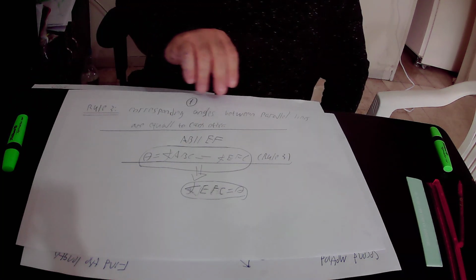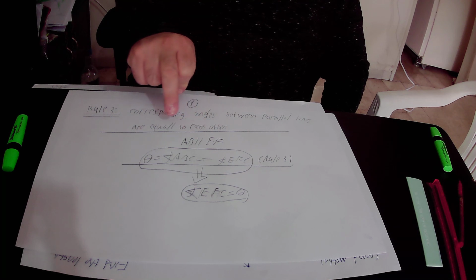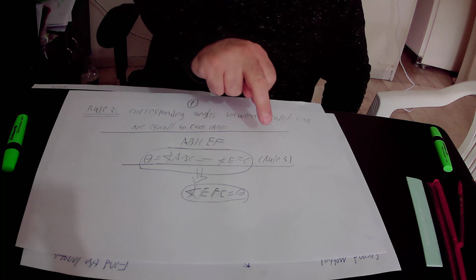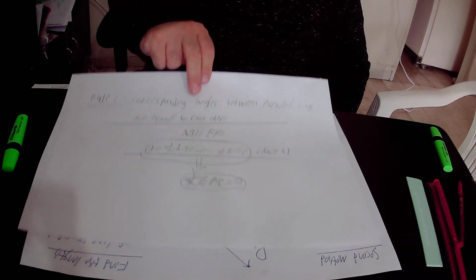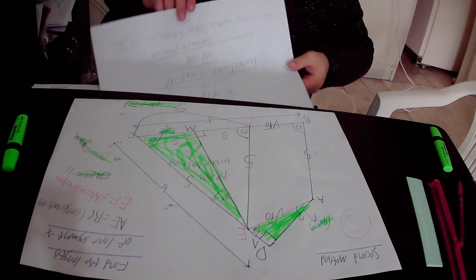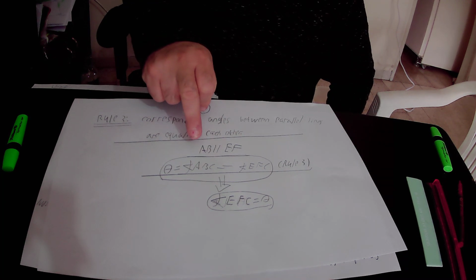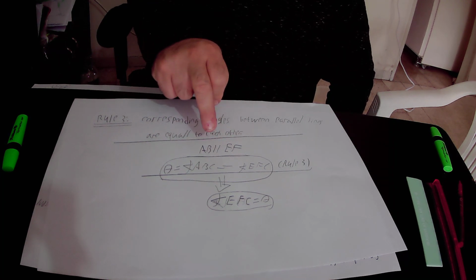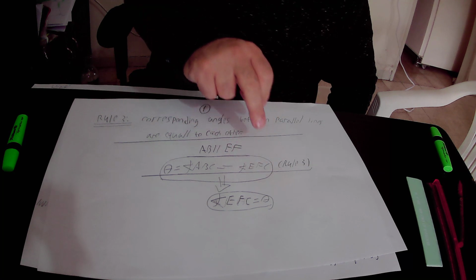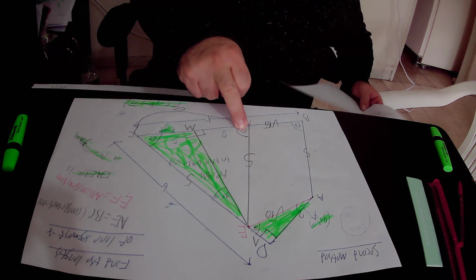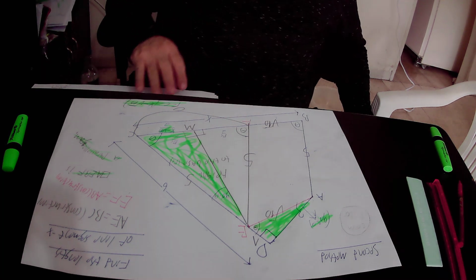So here, because AB is parallel to EF, angle ABC will be equal to angle EFC according to rule number 3. But angle ABC equals theta according to what is given. So from this equation, theta equals angle ABC equals angle EFC, we will derive that angle EFC is also equal to theta.